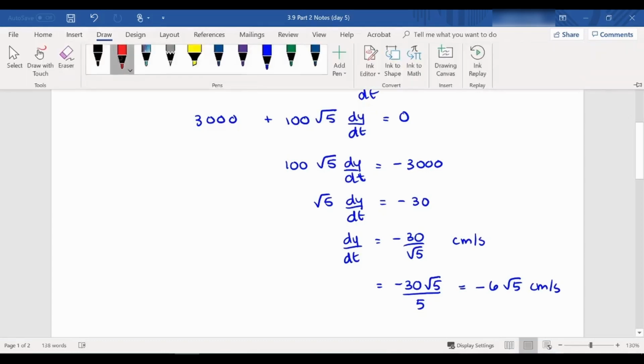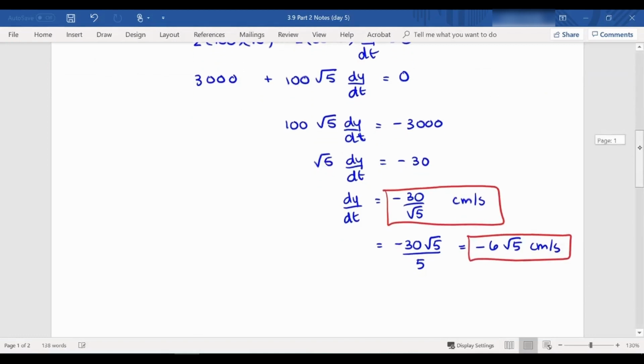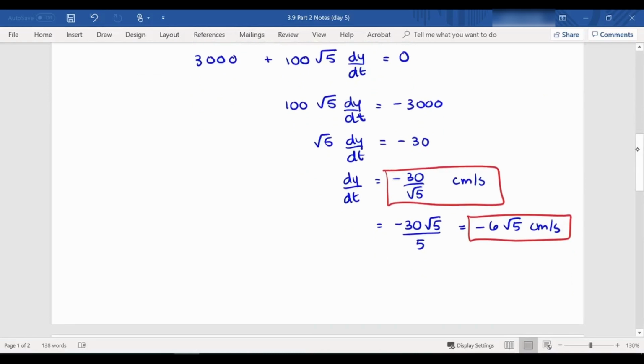So both of these are fine. Most of the questions will ask you for an exact value, so you would want to leave it like this. If you've been asked to round it to the nearest decimal place, otherwise, if you want to evaluate exactly, leave the root in your answer.